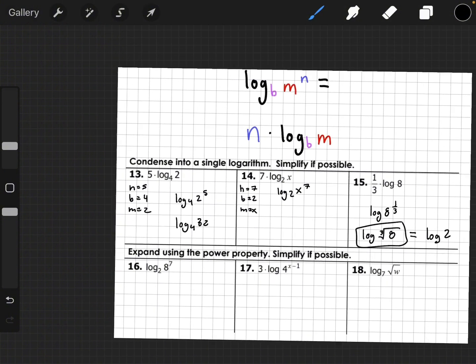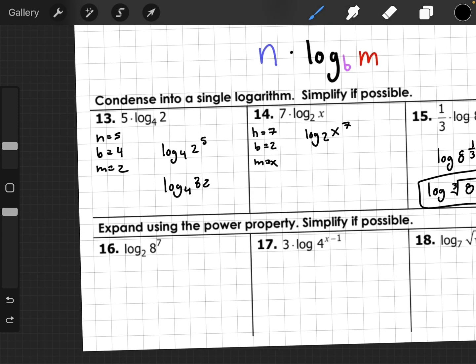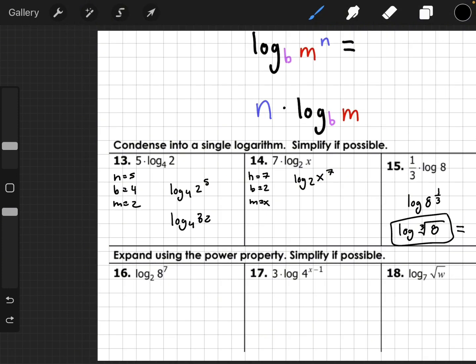Now we're expanding, so we're going from this form to this form. So b equals 2, m equals 8, and n equals 7. So we have 7 times log base 2 of 8.